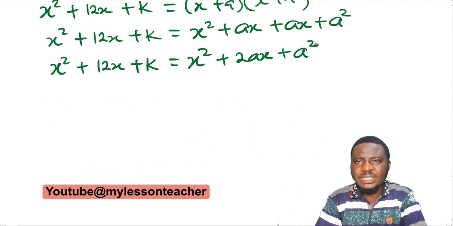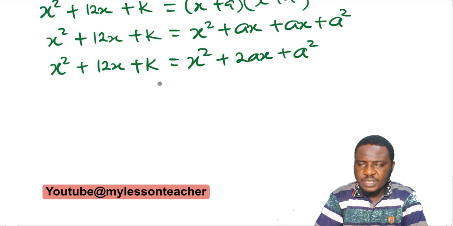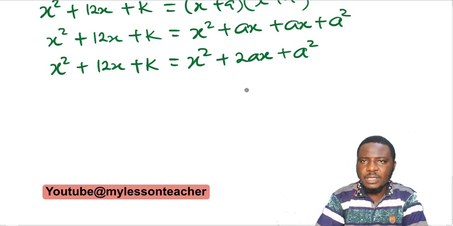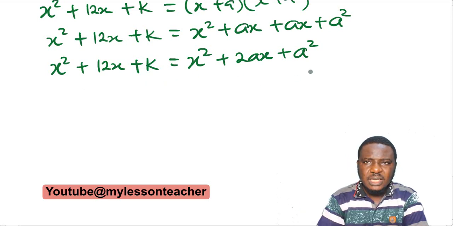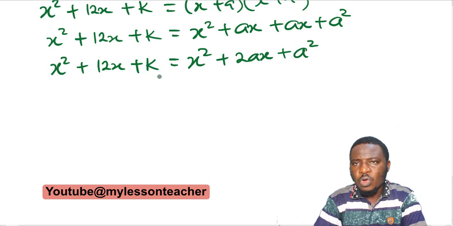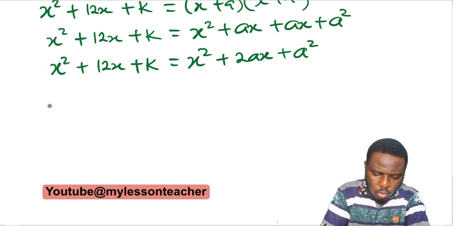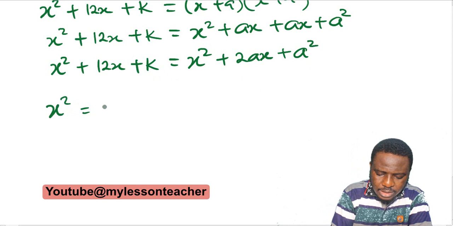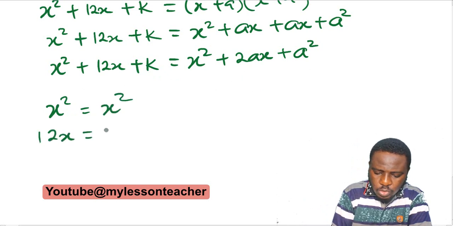Now when these have been simplified, we then compare the coefficients. First term for first term, second term for second term, and third term for third term. With that, we'll get to know the unknown k. So if you look at it, x squared is equal to x squared, 12x is equal to 2ax.